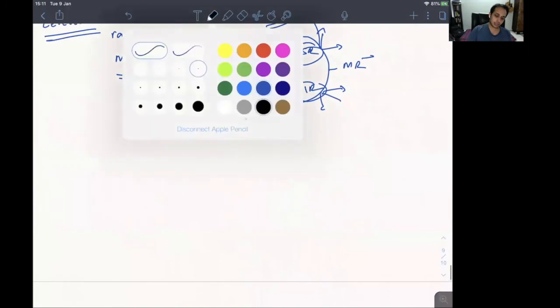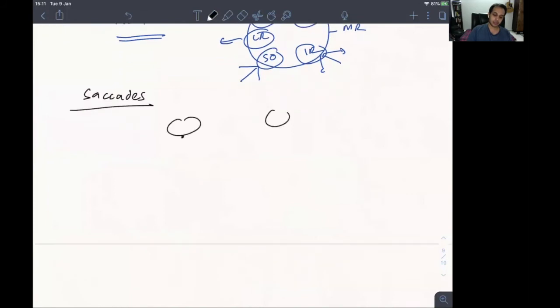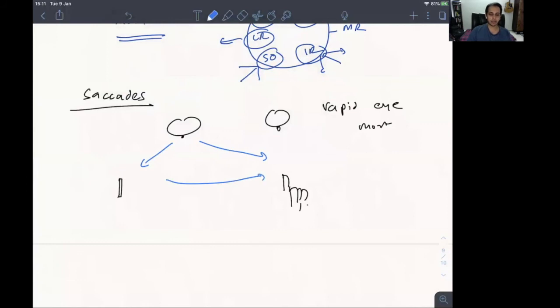Then you check something called saccades. So saccades is basically when you want to check a rapid eye movement. So you hold up one pen here and you hold up your finger here. And you ask the patient to look at the pen and then quickly snap the eyes to look at the finger.